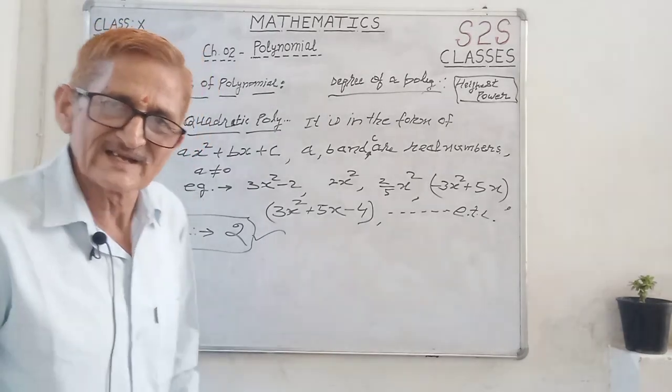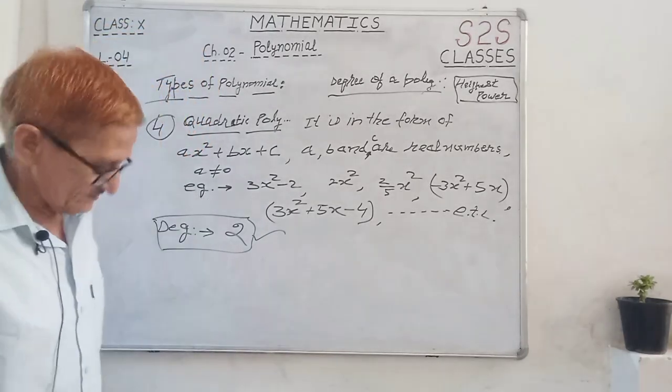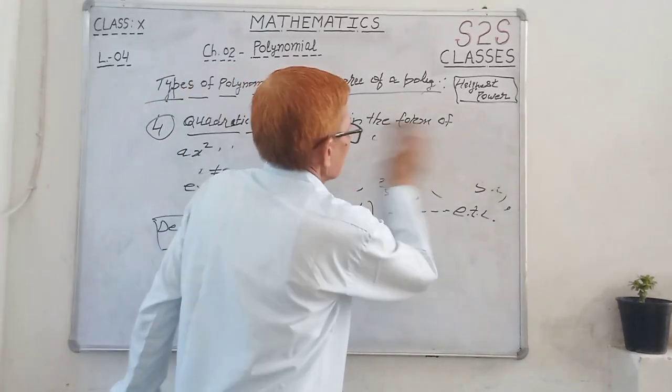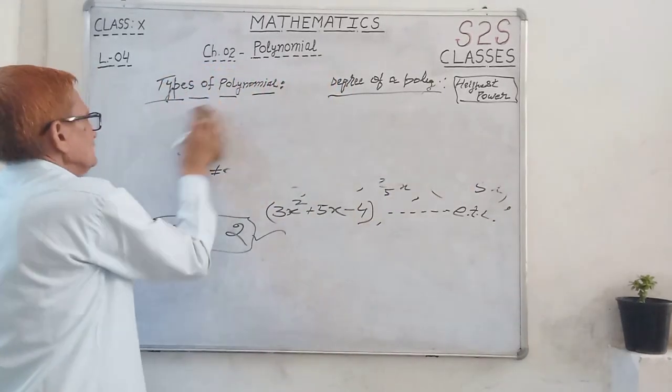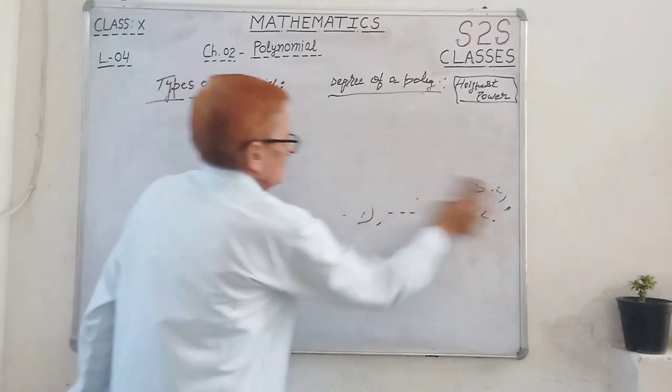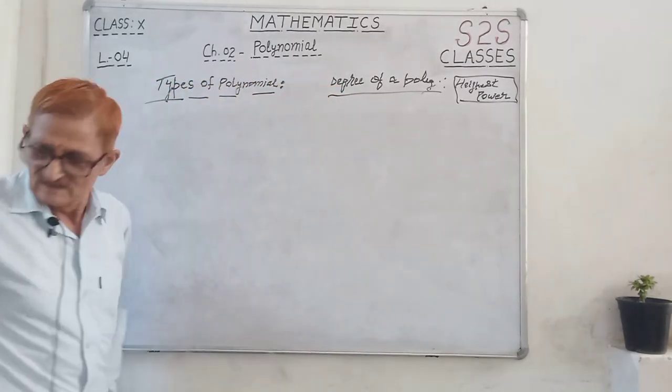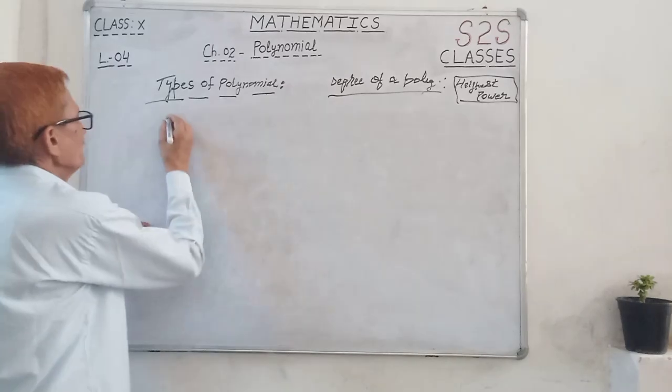Done. Next, cubic polynomial. Last. That is not in your syllabus, but the definition is in the syllabus. You can understand it simply.